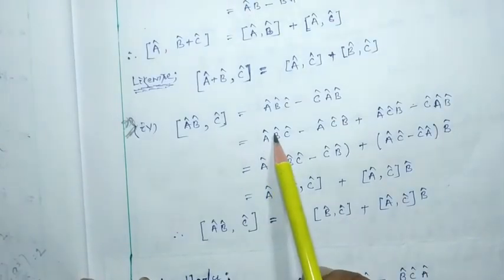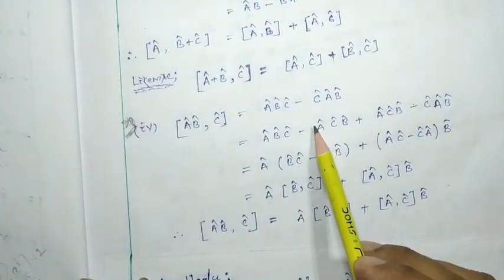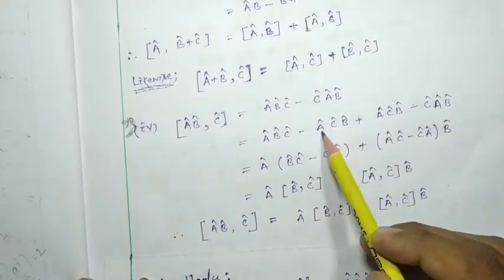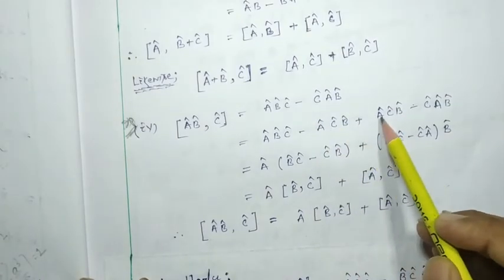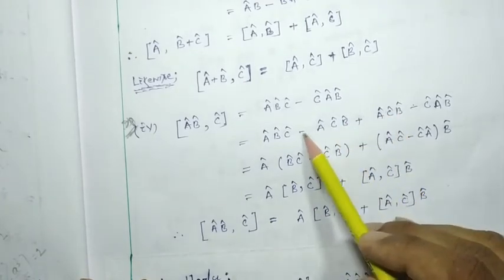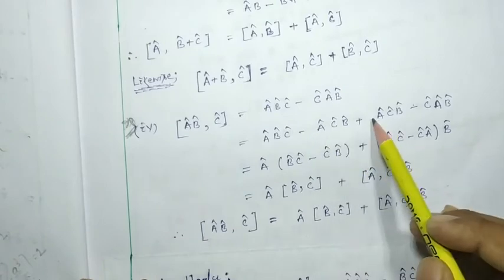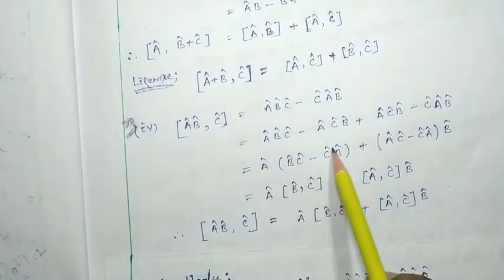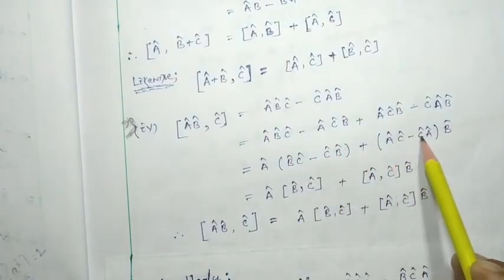Likewise, [A][B][C]. Here I have subtracted [A][C][B] and added [A][C][B]. These two things are the same, but one is minus and one is plus, subtracted one, added one. So what we can find: [A] I have taken common over here, [B][C] minus [C][B], plus [A][C] minus [C][A] into [B].